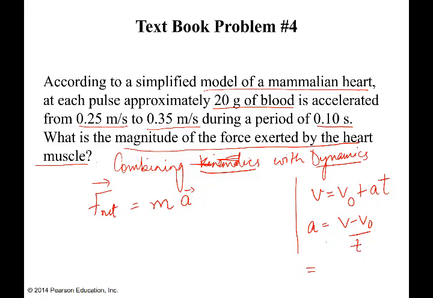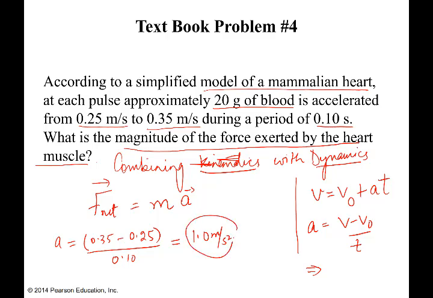And that is what we are going to do here. First determine A by substituting the values. So A is equivalent to 0.35 minus 0.25, whole divided by the time, which is 0.10 seconds, which comes out to be 1.0 meters per second squared.